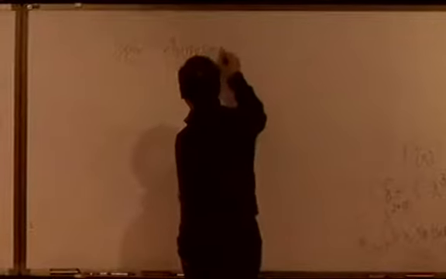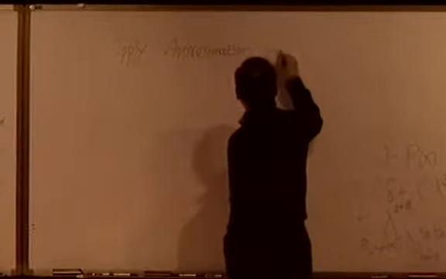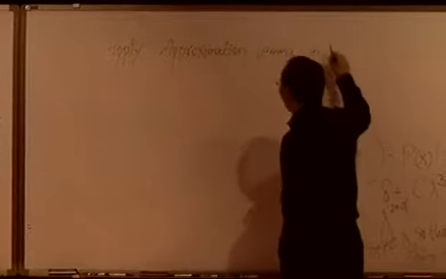So you simply apply the approximation lemma on v of x, then there exists q of x such that the norm of v of x minus q of x is less than lambda to the 2 plus alpha.